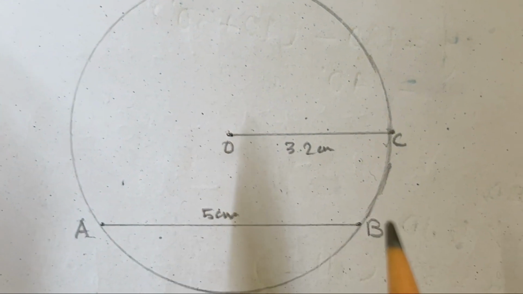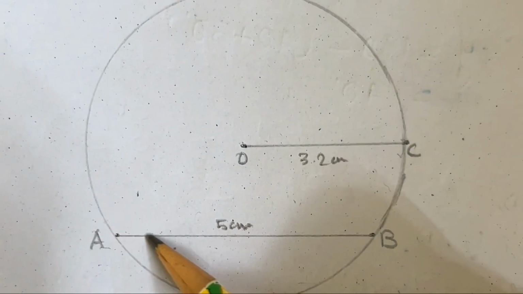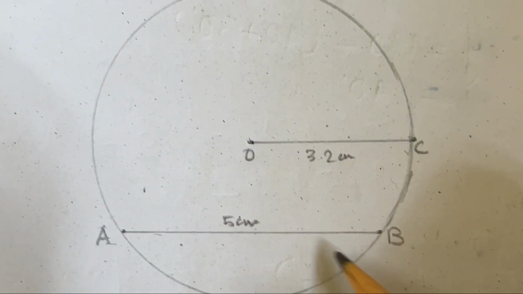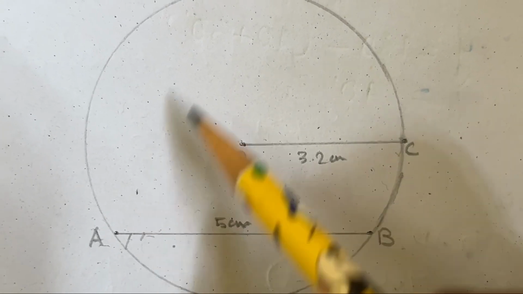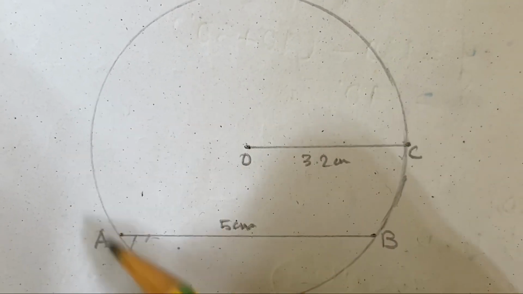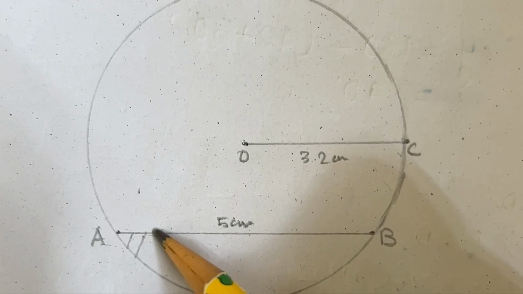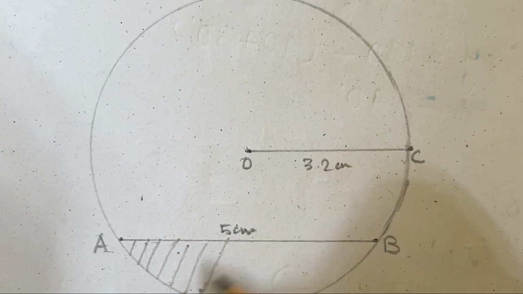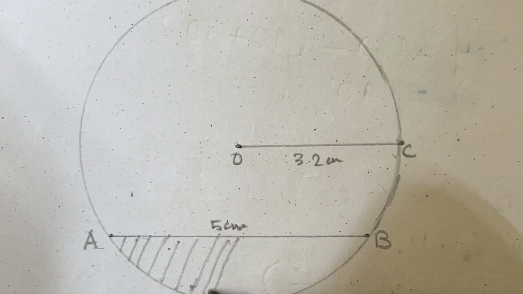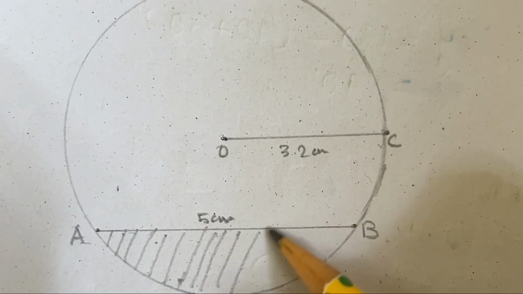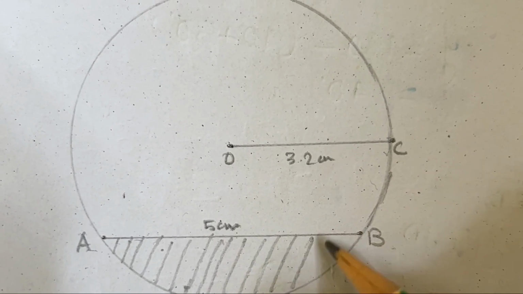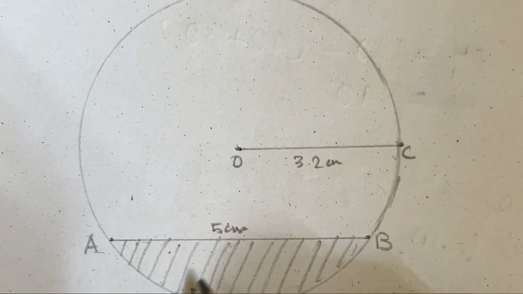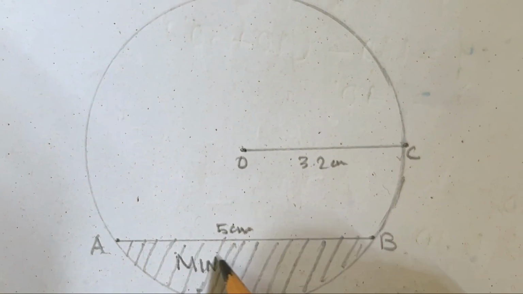Now we have to shade the minor segment. So this is basically the minor segment and this is the major segment, the other major arc that we get. So we shade it. And this is the minor segment.